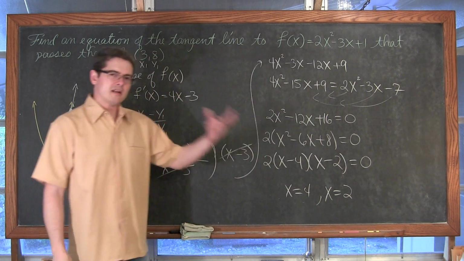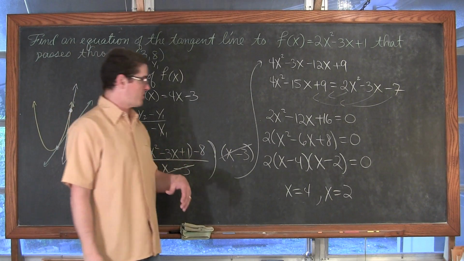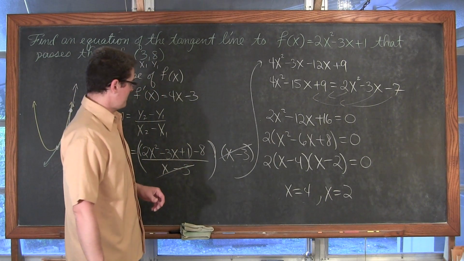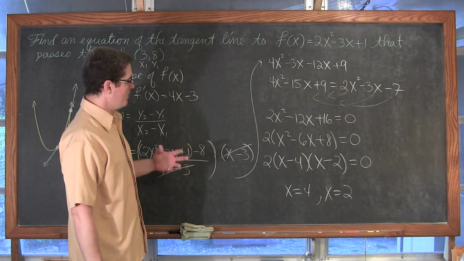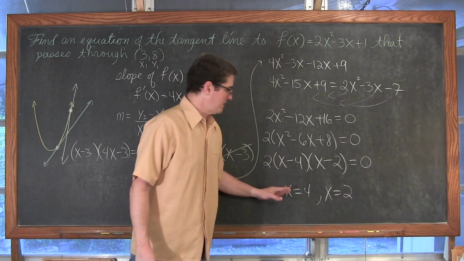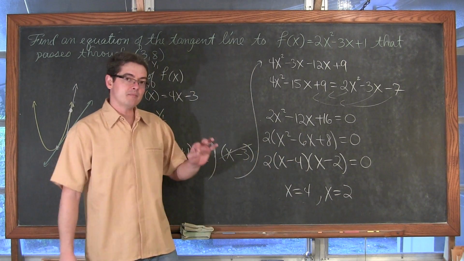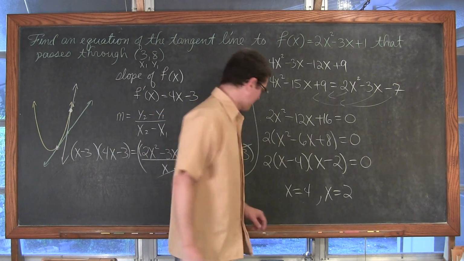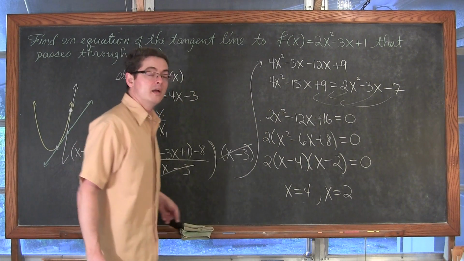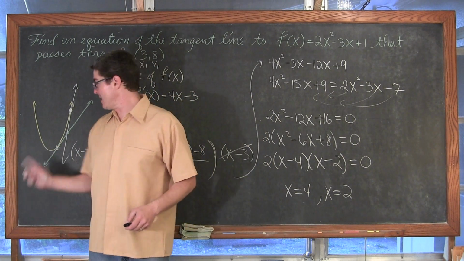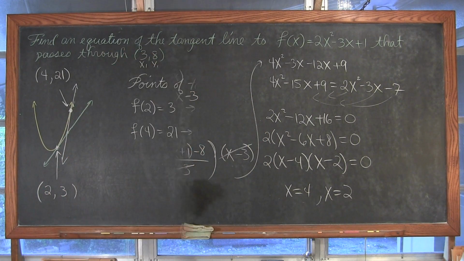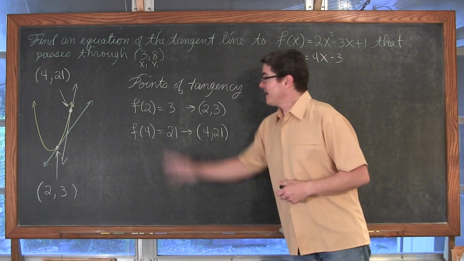Well, I'm going to repeat kind of the same thing now as I finish my last problem. I will have a slope, but first thing I need to do is look at these points of tangency. I need my 2 points of tangency that come from having an x-coordinate of 4 and an x-coordinate of 2. So I'm going to get this board erased, do a little bit of labeling, I'll be right back. So I went ahead and marked the graph.